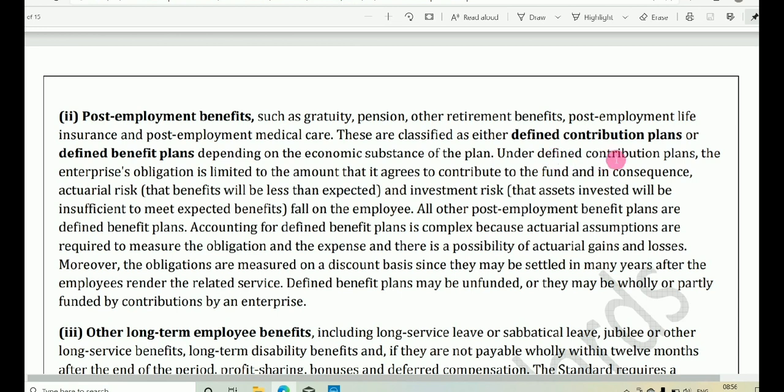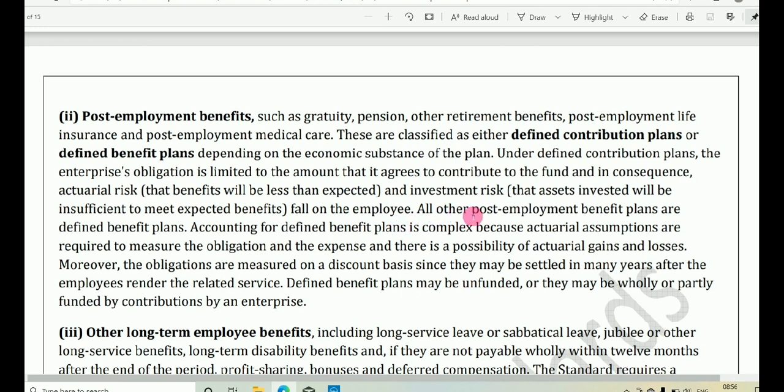Under defined contribution plans, the enterprise's obligation is limited to the amount that it agrees to contribute to the fund, and in consequence the actuarial risk that benefits will be less than expected, and the investment risk that assets invested will be insufficient to meet expected benefits, fall on the employee.